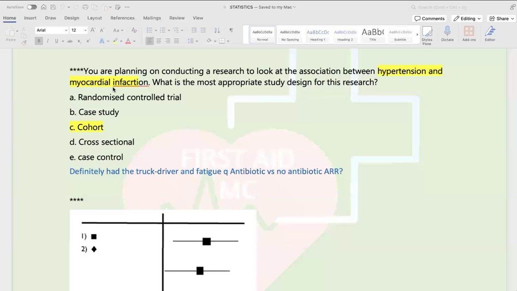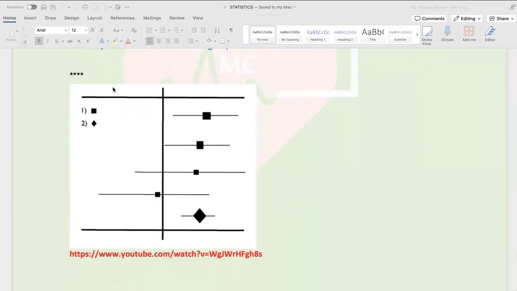Now, the last one is forest plotting. Does anyone have any idea about forest plot?